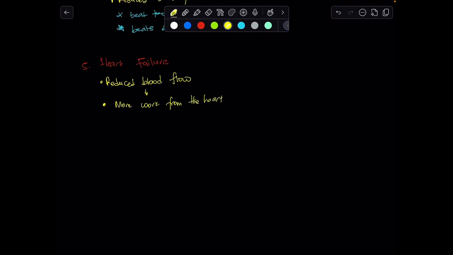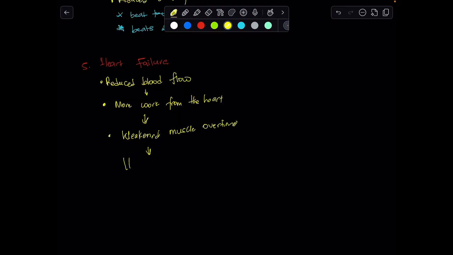More work from the heart means it gets weakened over time, weakened muscle over time. And weakened muscle means what? Heart failure. So the heart just fails.